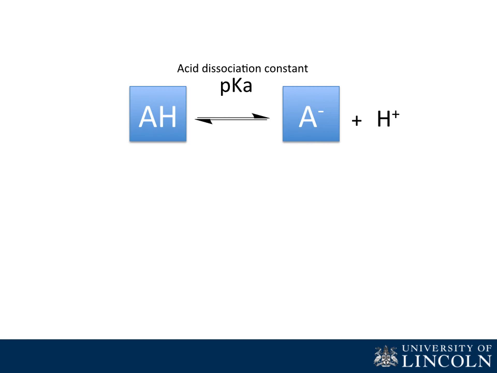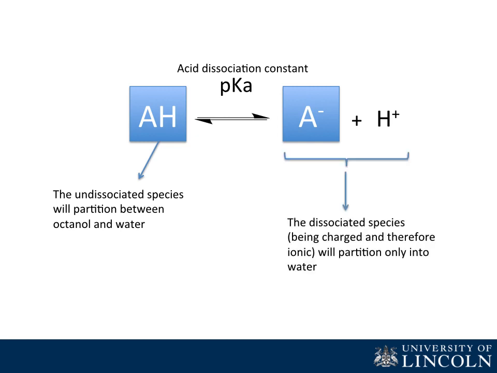Now the undissociated acid, that is going to partition between octanol and water. But the ionised form of the acid, the dissociated species, that is only going to partition into the water. It's charged, it will not go into the octanol, it will only go into the water.